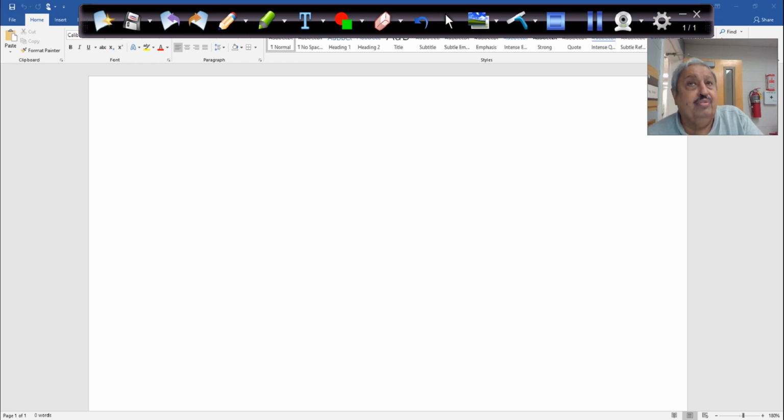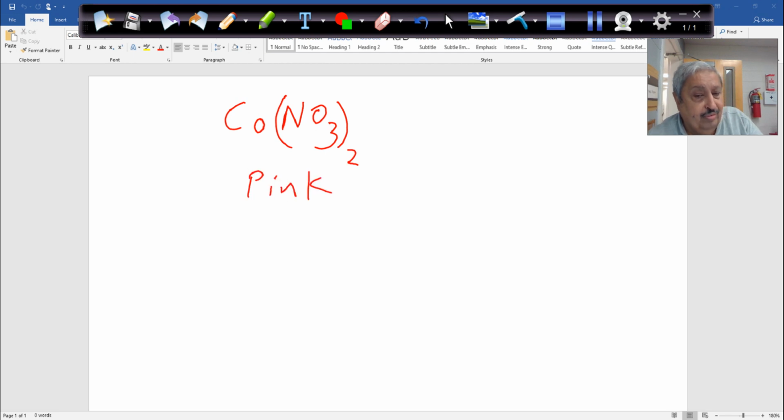So, for example, let's take one of the examples we did in the lab. If you recall this, we have cobalt nitrate. That was pink, and we added HCl to this, correct?